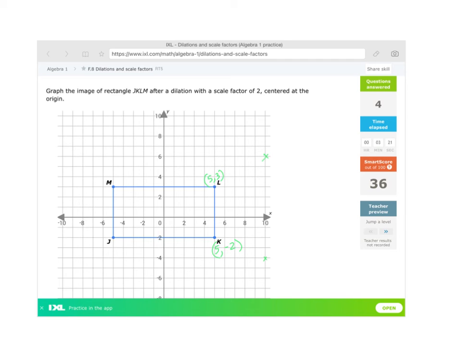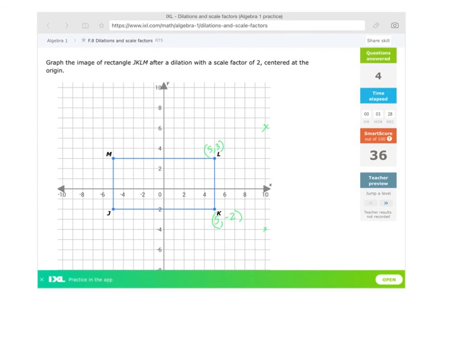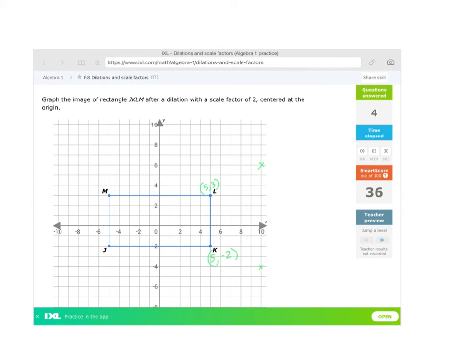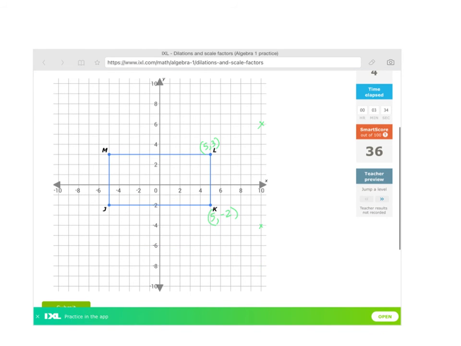So this is L, right? So we've got to graph it. So let's put these points. Let's put this point, let's put this point. And then this one becomes negative 5 and 3, which becomes negative 10 and 6.